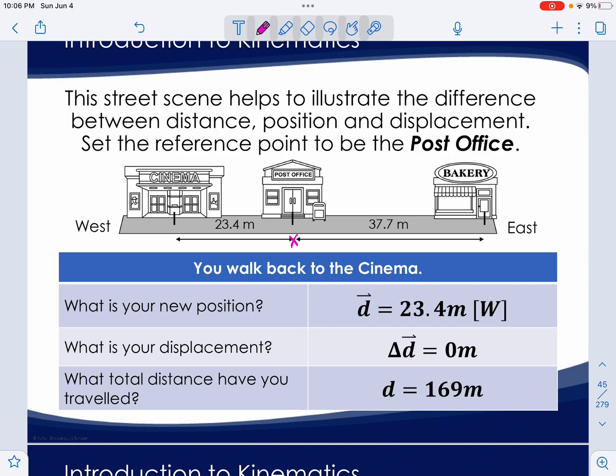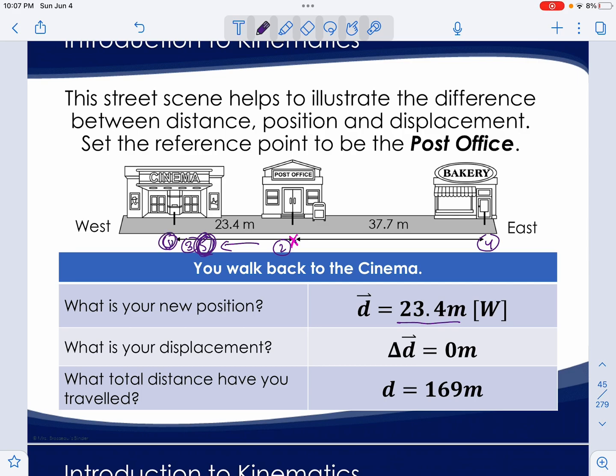Okay. So 1, 2, 3, 4, 5. So your new position, this is where you're ending, right? So the position is relative to the reference point. It's 23.4 meters west of the reference point. Your displacement is, here's where you started, and here's where you ended.